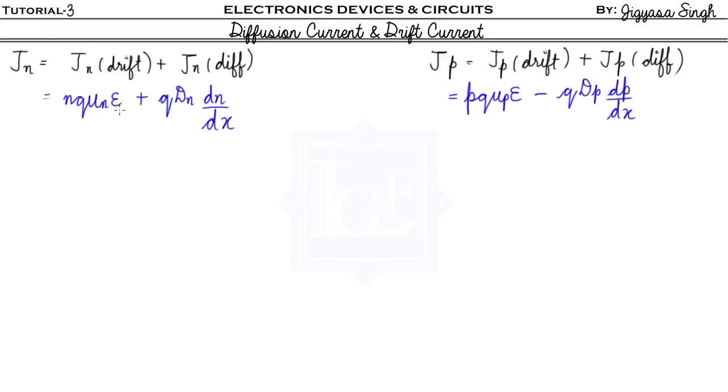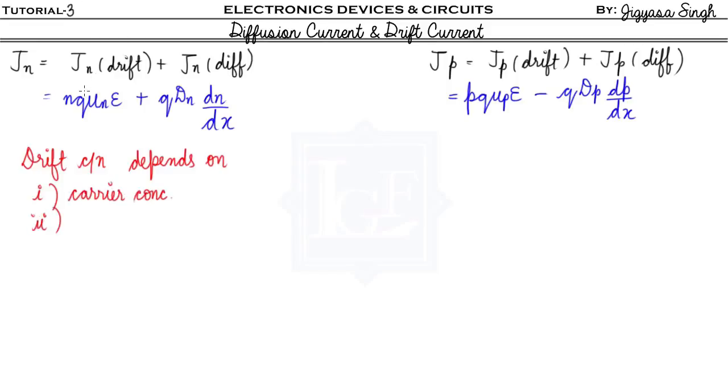Here they are. Now what we can deduce from these expressions is that, can you see the drift current? It depends first on the carrier concentration. Second, what is it depending upon?